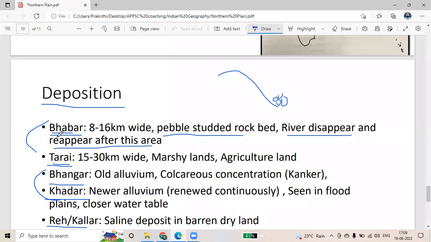So that area generally we say it as Babar. And after that there is a marshy land. In that area it is known as the mand. Actually it is commonly stated as Tarai. You can use this term instead of that, but you can't use that term instead of this.